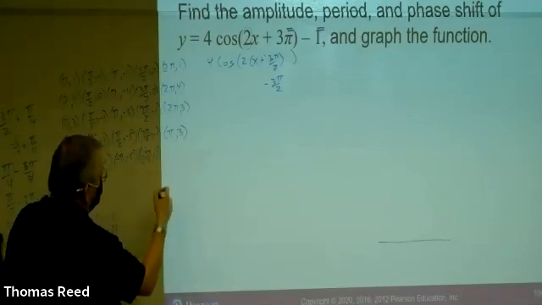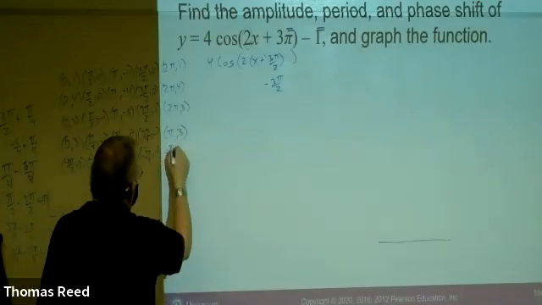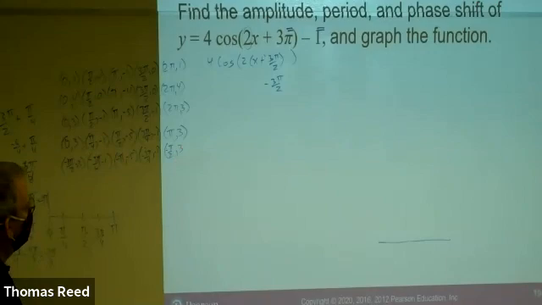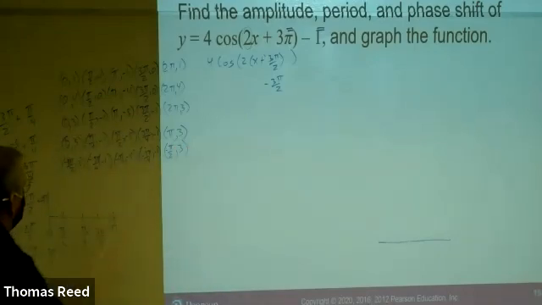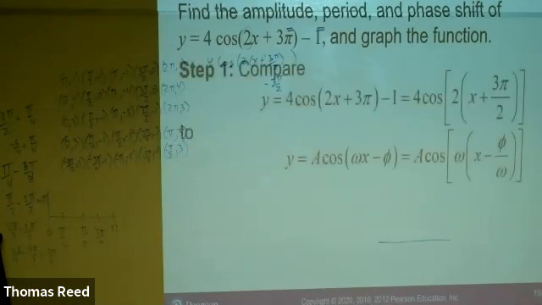And then another half pi is going to be a negative pi over 2, because pi minus 3 pi over 2 is half a pi. And so these are where the key points wind up. And I'm not going to graph this, I'm going to let you see how they do it.